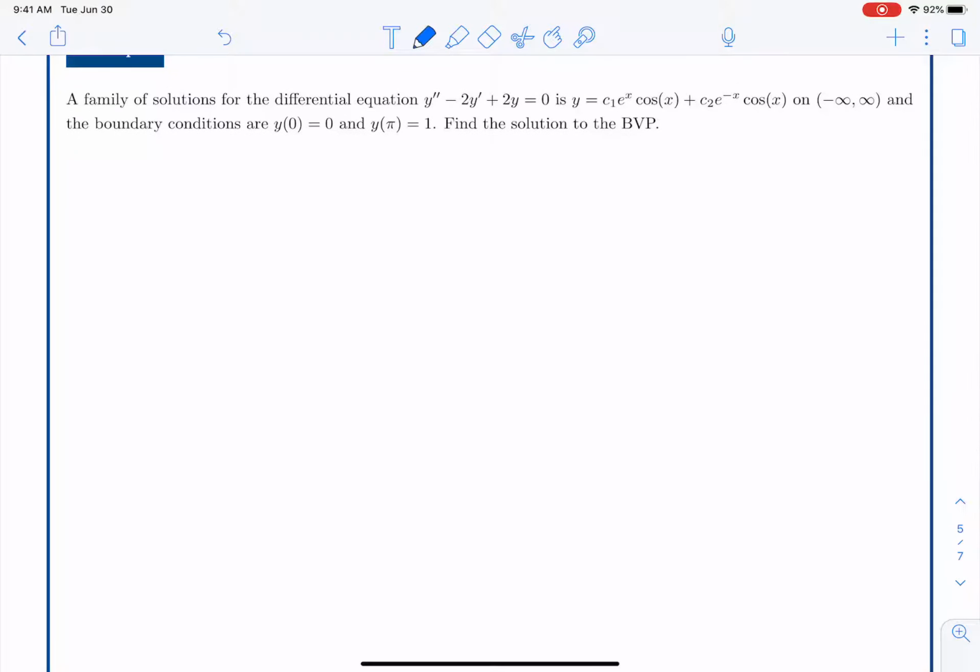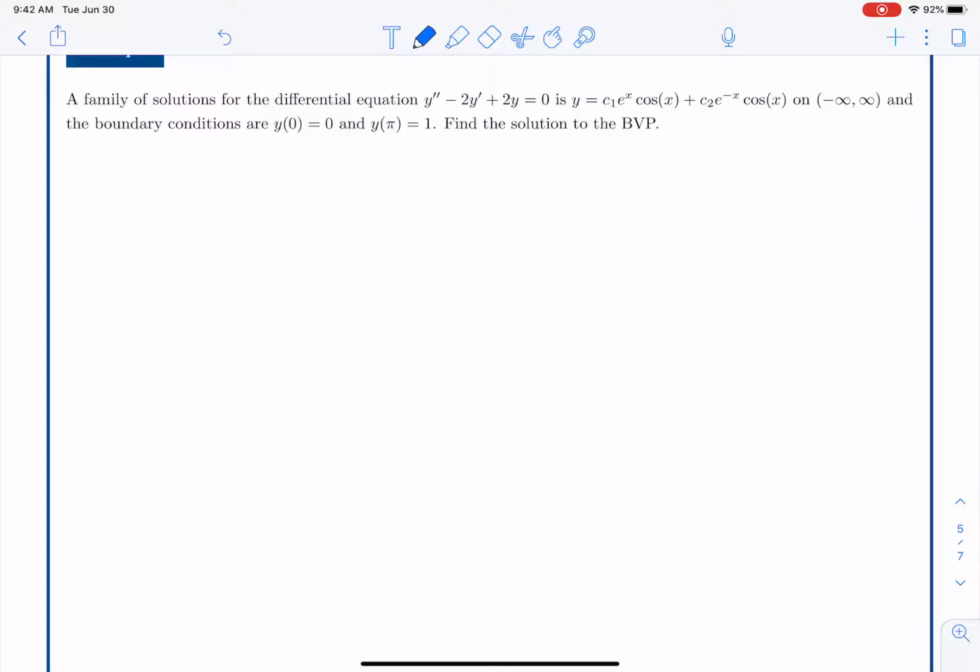So here we have a boundary value problem. A boundary value problem, we've seen this before, is similar to an initial value problem, but the only difference is instead of specifying the conditions for each of the derivatives and the solution y, we pick the solution and put it on an endpoint and define it on endpoints.